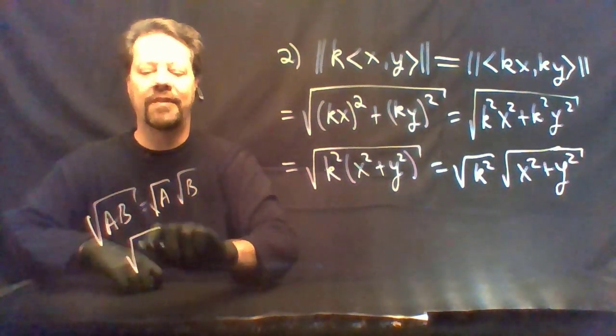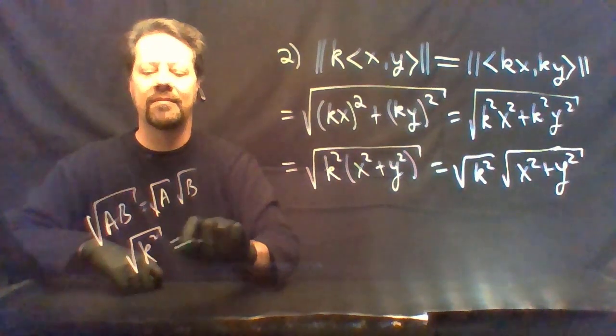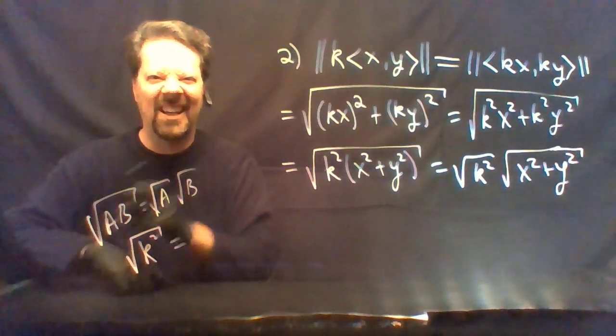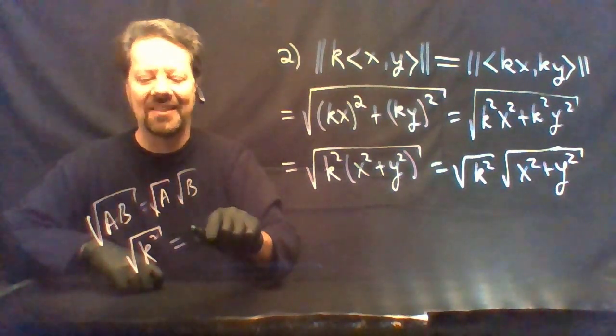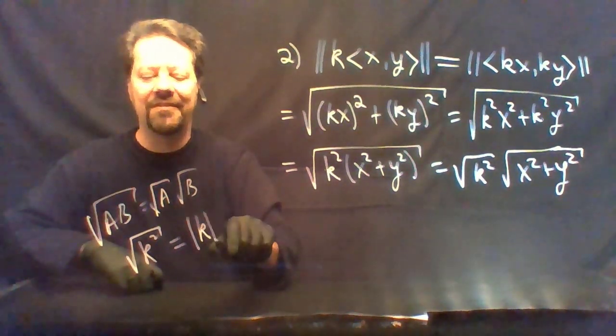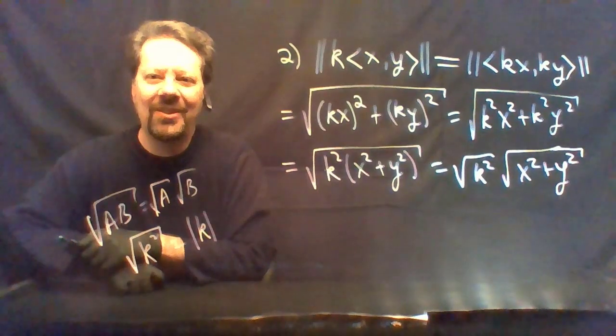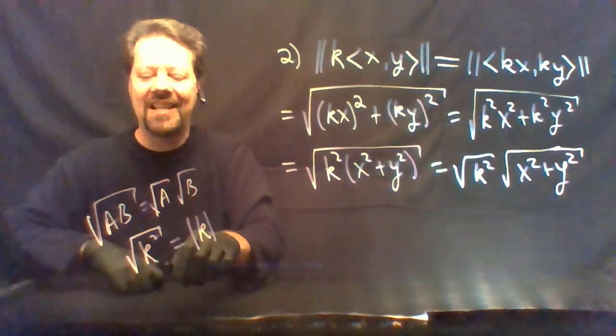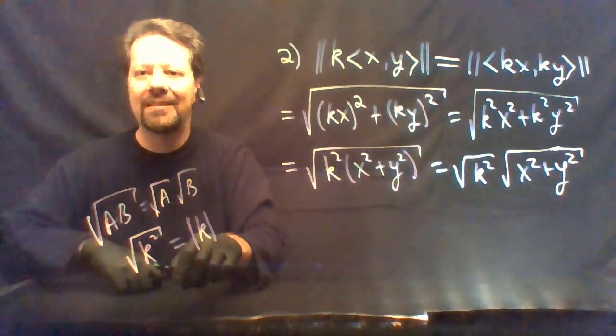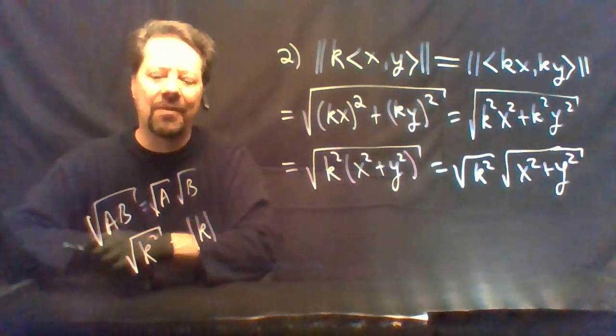What is the square root of k squared? I always try to trap my students in this. It's not k. It's the absolute value of k. Who lied to you and told you that this is k? It's not. If k is negative, say negative 2, negative 2 squared is positive 4.